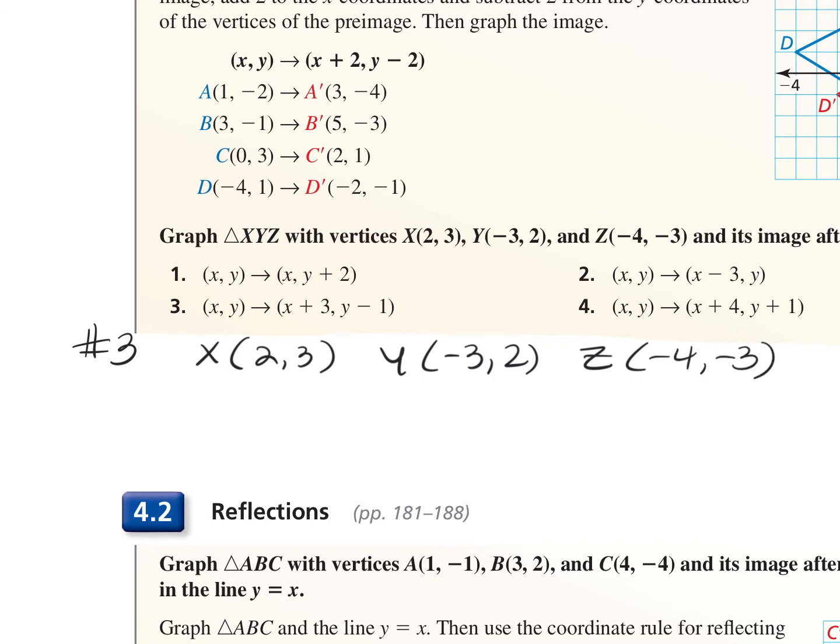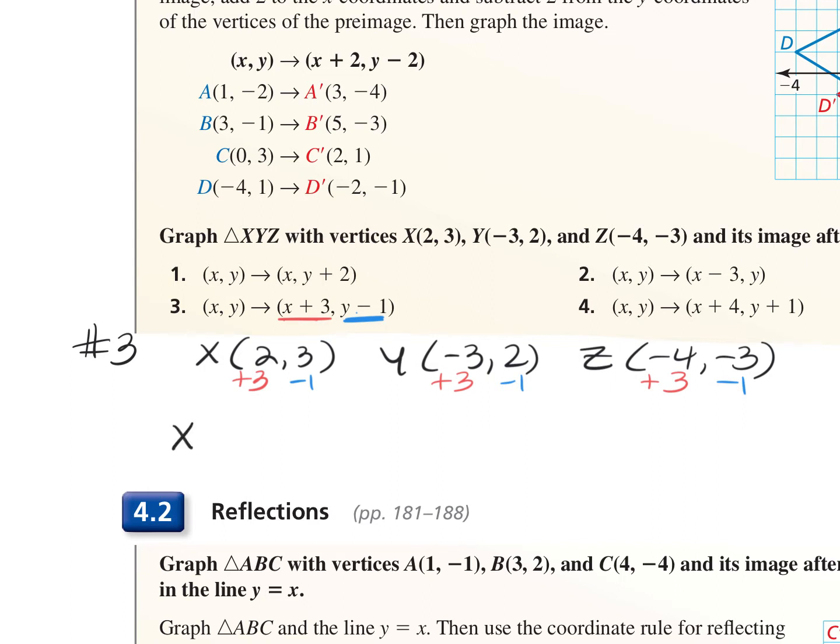I'm now going to apply the rule. I'm going to add 3 to all of my X's in my ordered pairs. And for my Y's, I'm going to subtract 1. Doing this calculation is going to give me the new ordered pair after the triangle has been translated 3 units to the right and 1 unit down.